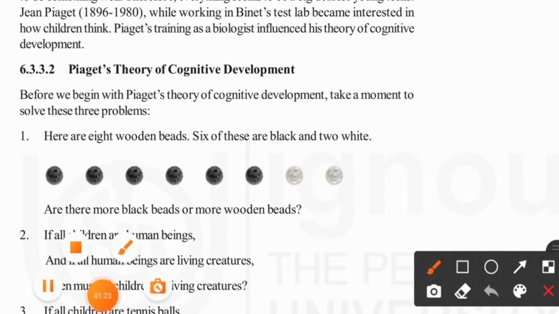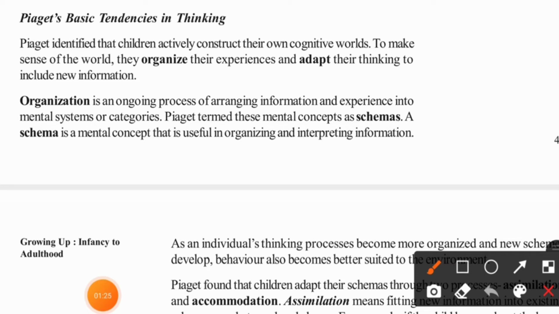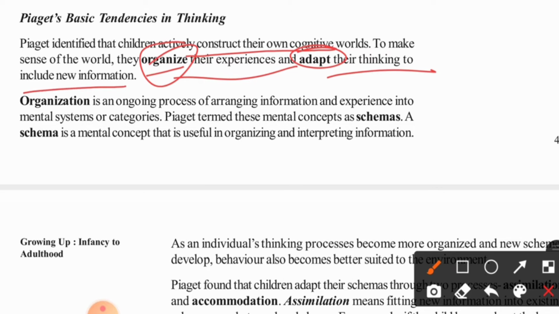It says that Piaget identified that children actively construct their own thoughts, their own cognitive world. When we say the term cognitive, it means thinking process or mental process. To make sense of the world, they organize their experiences and adapt their thinking to include new information.